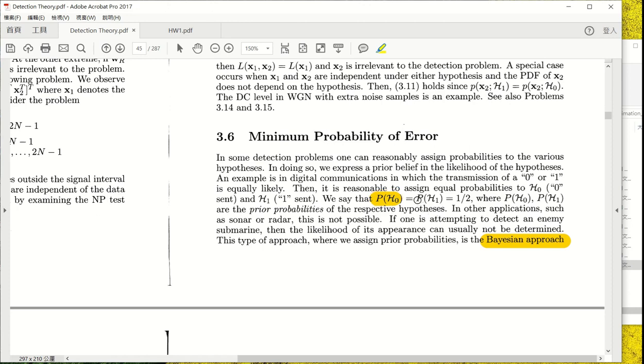We have not talked about H1 happening, right? We just say that when we receive data, how should we make a decision? Things like that. But we have not talked about the so-called inherent probability.